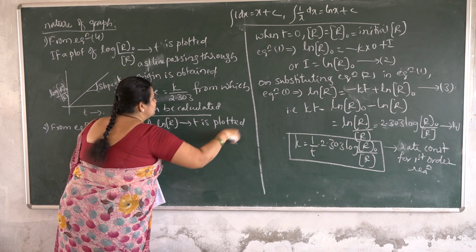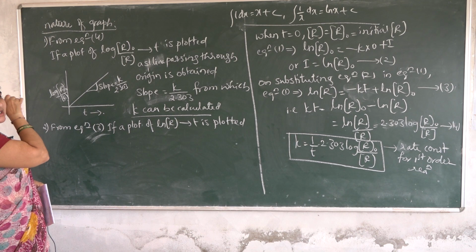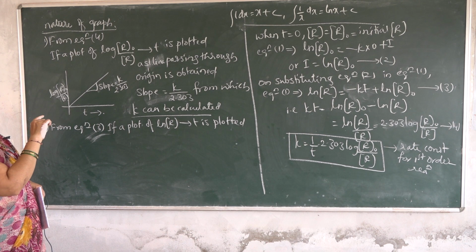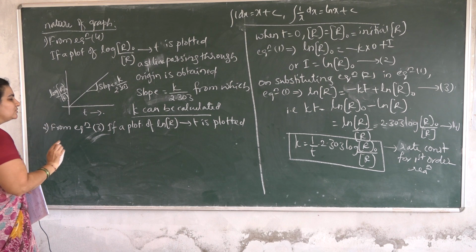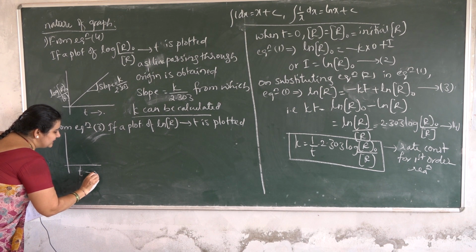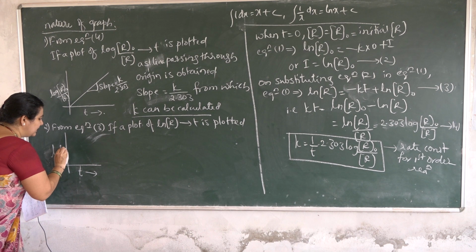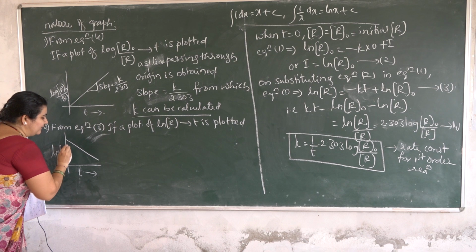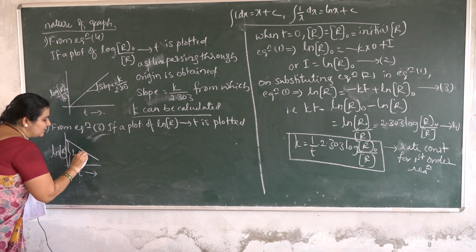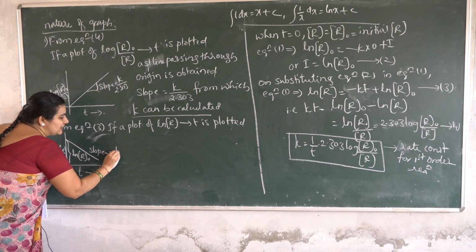In equation 3 there is a minus k, so you have to draw the graph like this, t versus ln R, and this type of graph is obtained. Here the intercept will be ln R naught and the slope is equal to minus k.